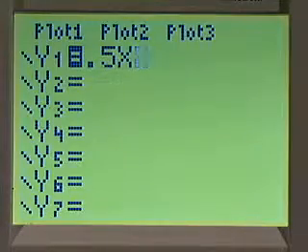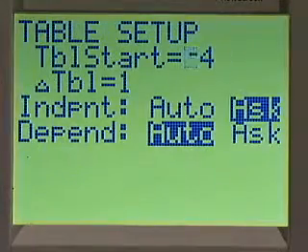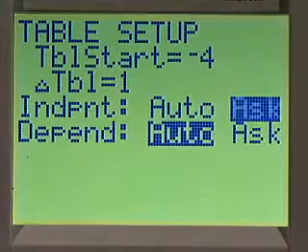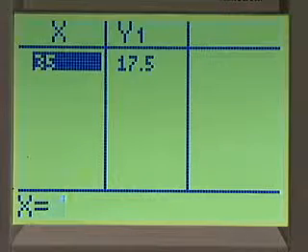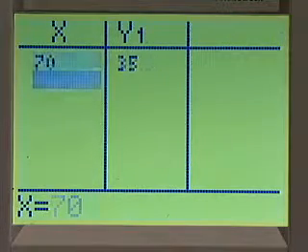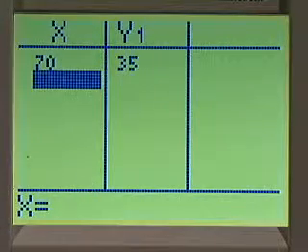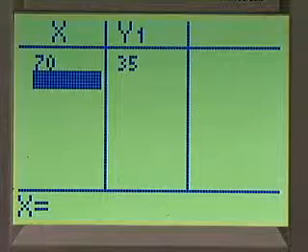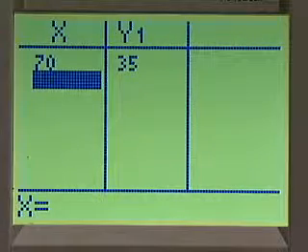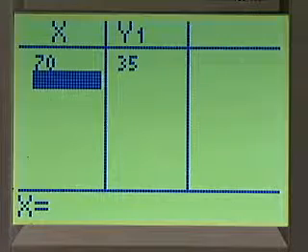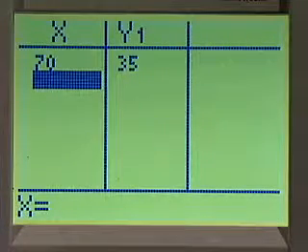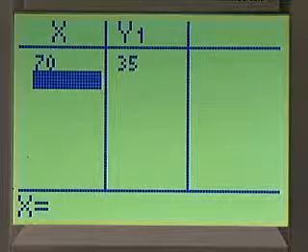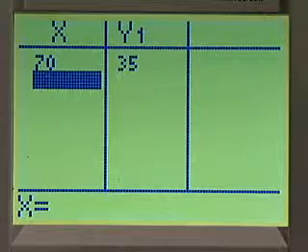Now I'm going to go to table set, and I'm going to again use the ask feature, and when I go to my table it asks me what is the value that I want to input. I'm going to put in 70, and it tells me that the value is 35, which of course makes sense because if all we're doing is multiplying by 1/2, then what we end up with is 35 here. So at a depth of 70 feet, we have 35 pounds per square foot of pressure.